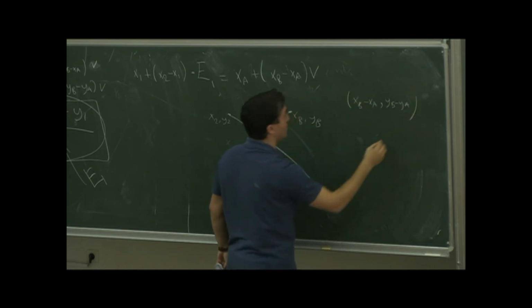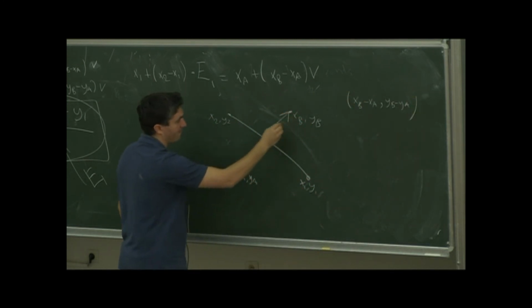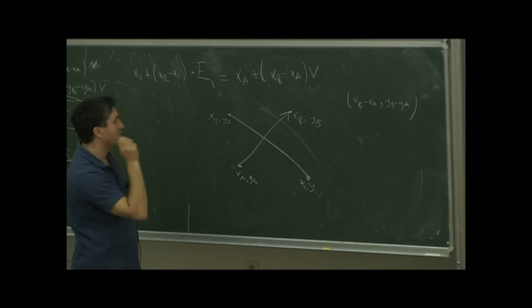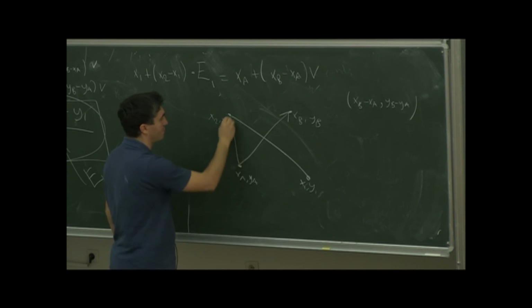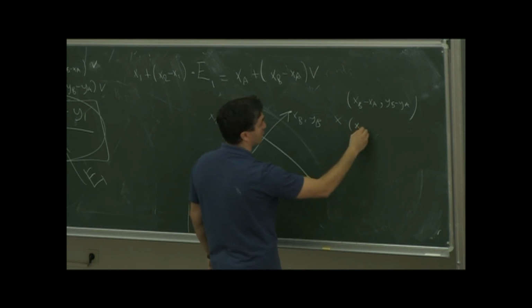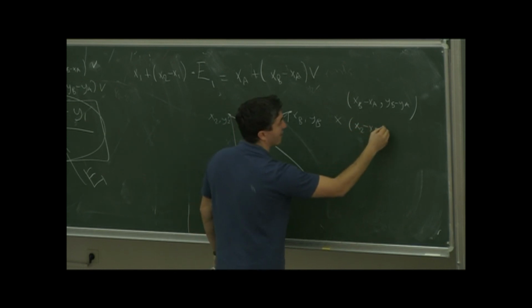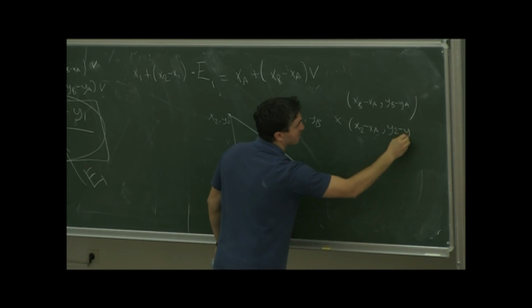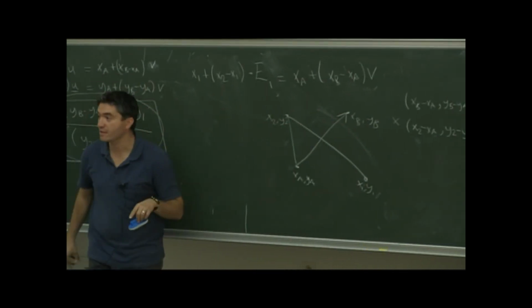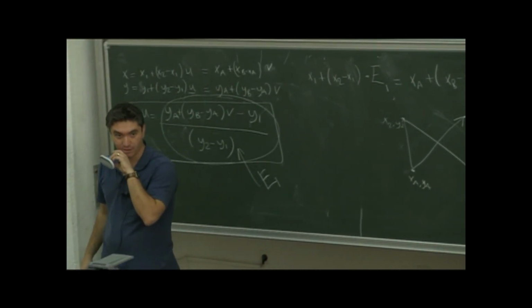Okay, so this is one vector. And to find out whether x2, y2 is to the left of it, I can form this vector, x2 minus xa, y2 minus ya, and take the cross product of the two. So we need to compute this cross product and check the sign of it.